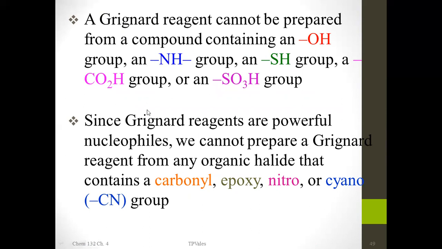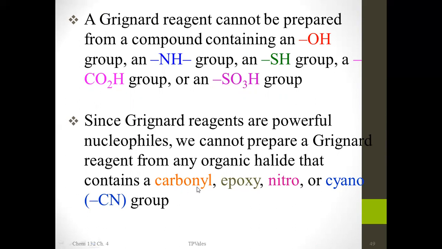Since Grignard reagents are powerful nucleophiles, we cannot prepare a Grignard reagent from any organic halide that contains carbonyl, epoxy, nitro, or cyano. Being a nucleophile, it may still form and then undergo nucleophilic attack by itself with the substrate itself.